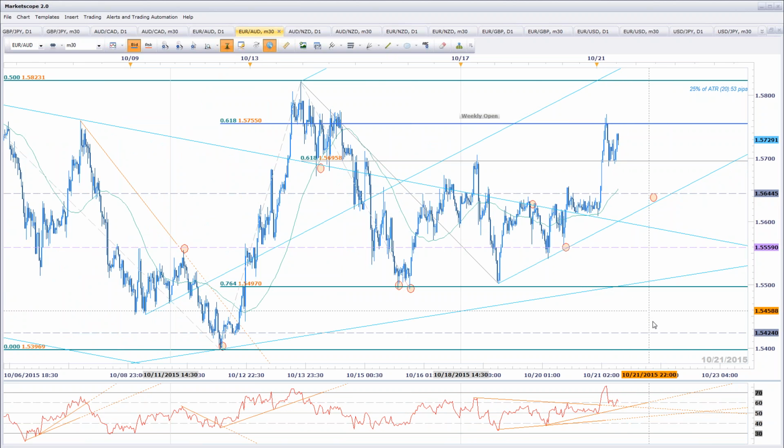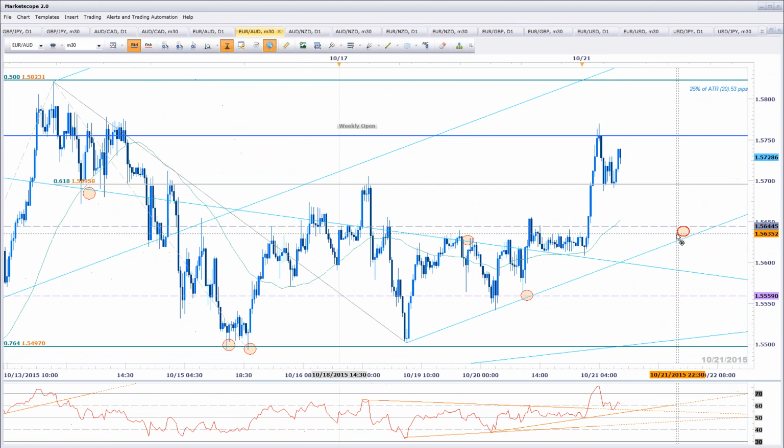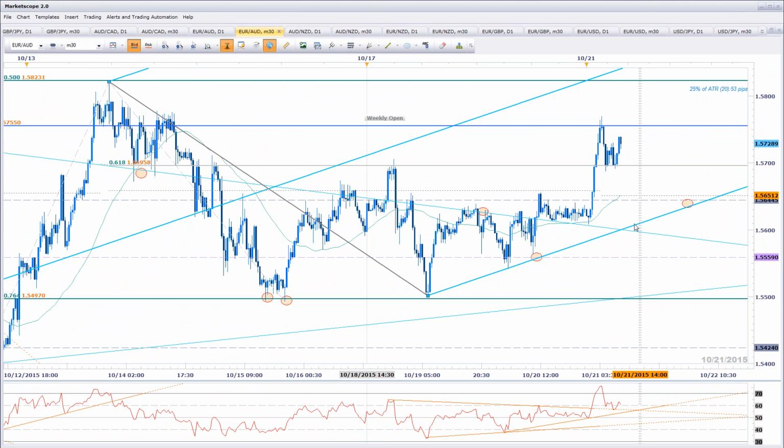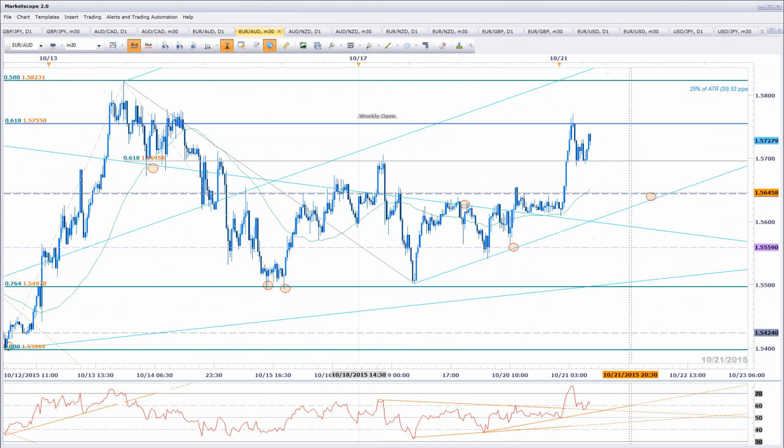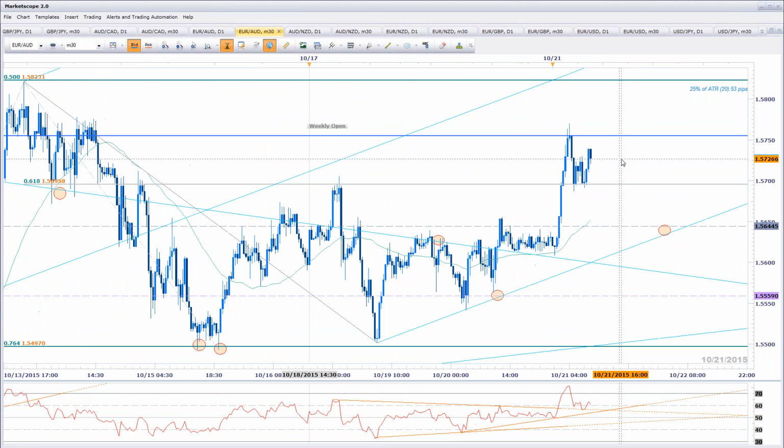So essentially, you'd be looking for a break back below the median line here. As long as it stays above it, you'd want to maintain that constructive outlook. But it looks like last night's rally really did make a break through the weekly opening range high.